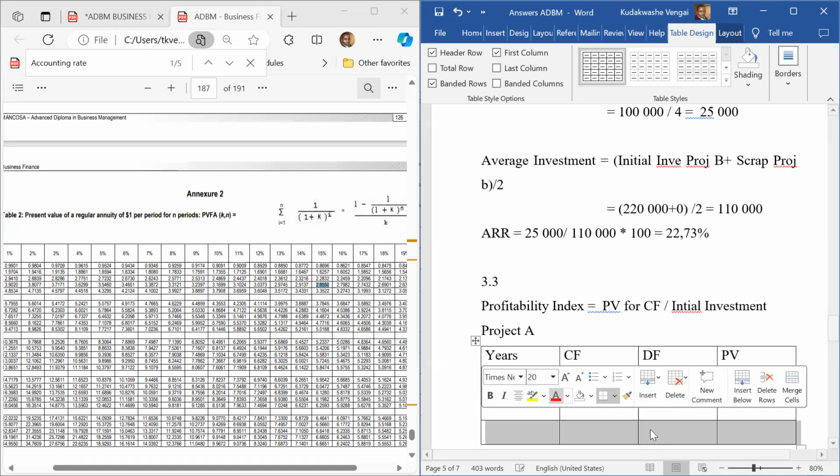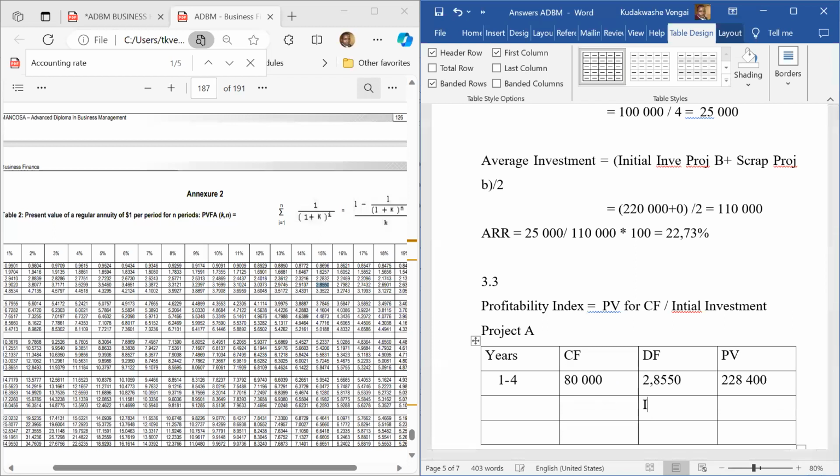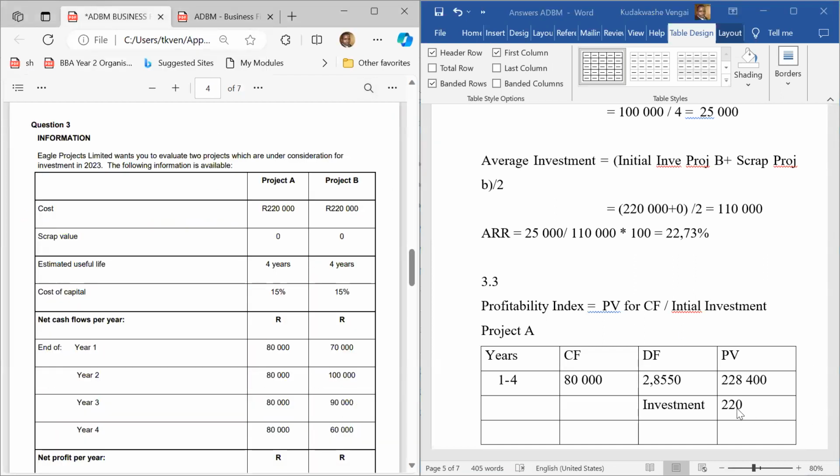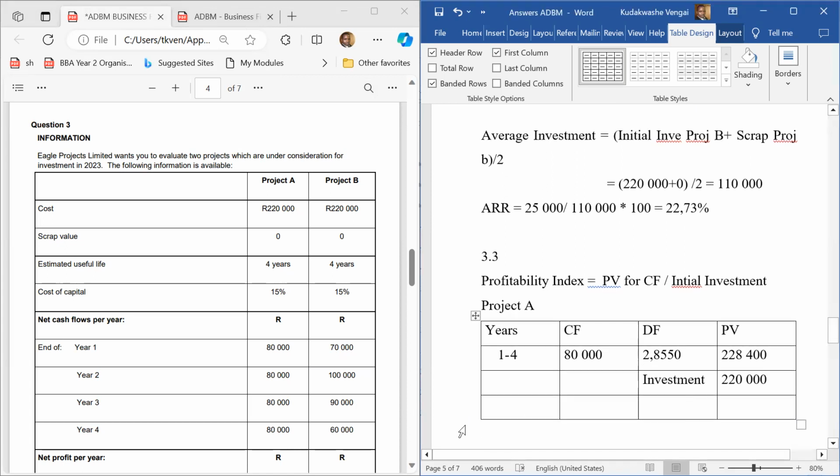But remember, I also have an investment of 220,123. And then I know my profitability index. We say the formula is present value of cash flow divided by initial investment.